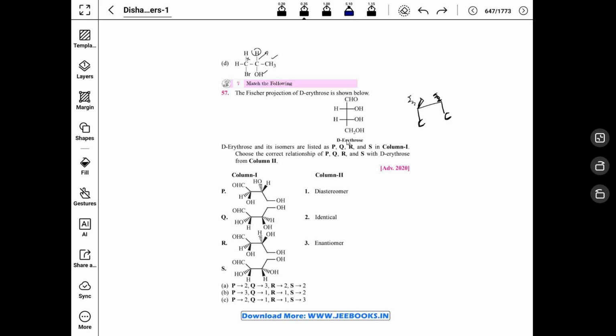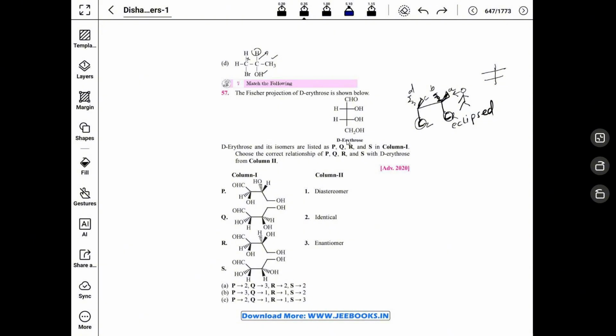So this should be the eclipsed conformation, and then you have to stand here and see through this. After seeing, let's say this is group A, this is B, this is C, this is D. So when you stand here and look, there are two chiral centers. So you put a line like this, and let's say this is CR and CZ.